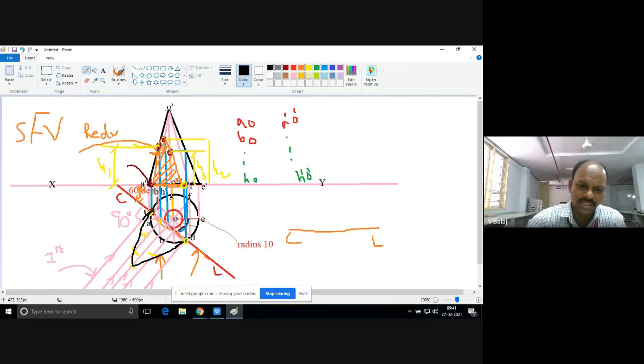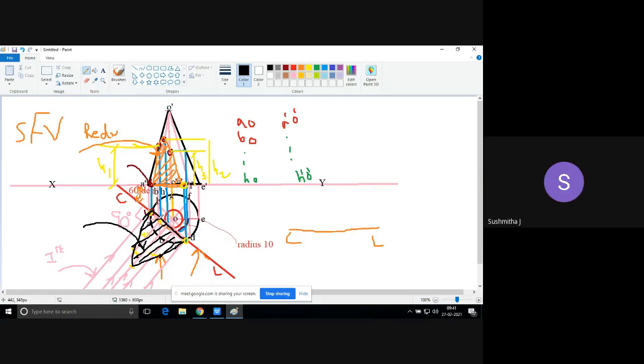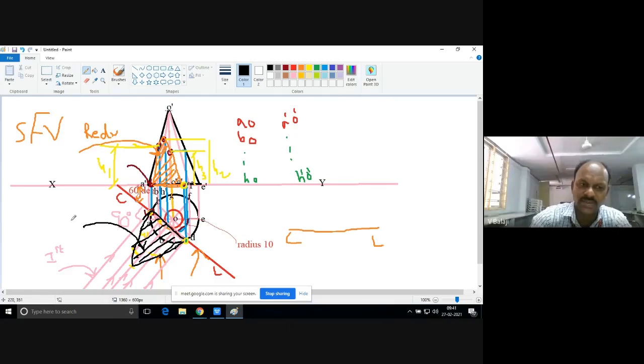Okay. Now this is the shape. In between, you need to do hatching. Is it greater than the sectional front view or not? In terms of size, it is a little bit greater. If you draw accurately, this is called the true shape.